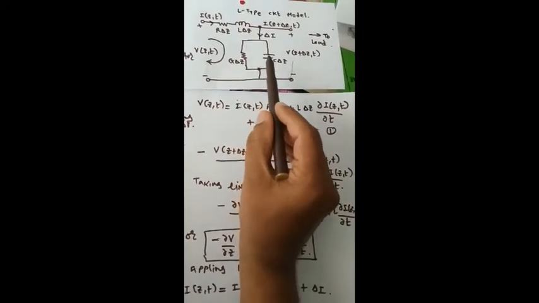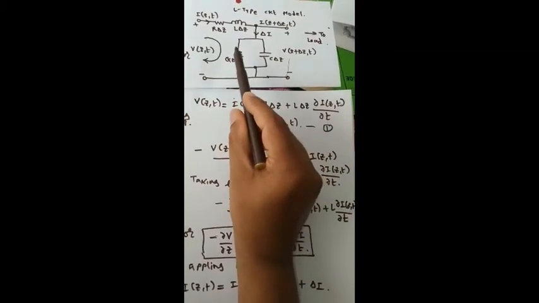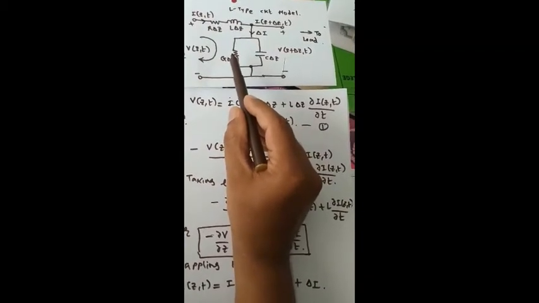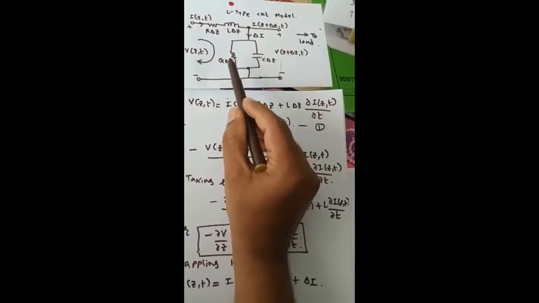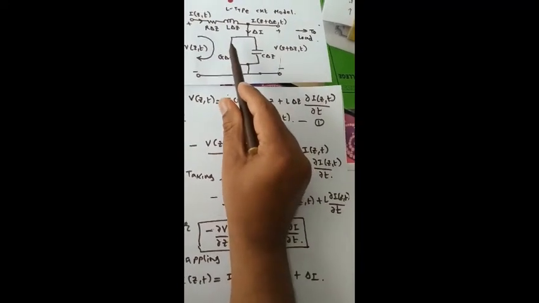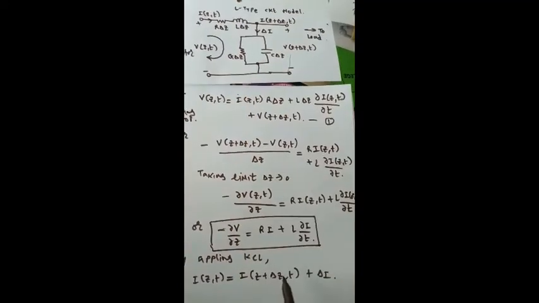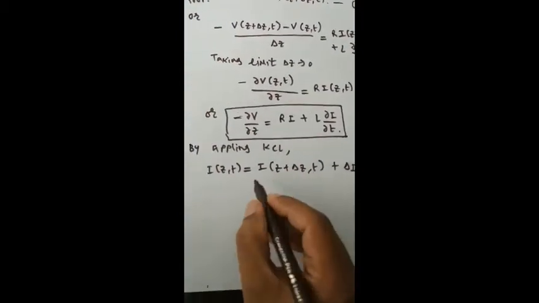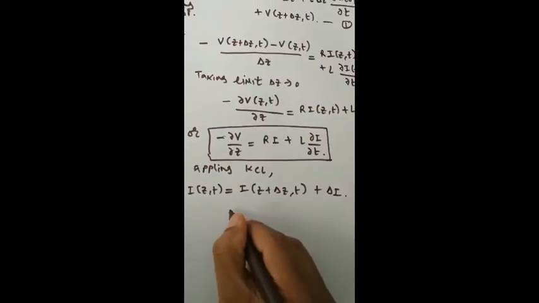If you sum up these two currents, I1 and I2, then we can say delta I is I1 plus I2.